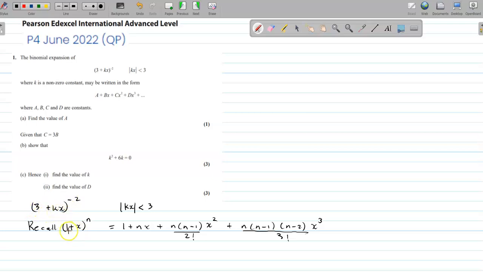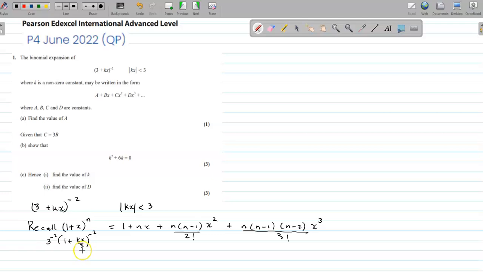So now what we're going to do is write (3 plus kx) to the minus 2 in the form (1 plus x) to the n. In this case we need to factor out the 3. When we factor out the 3, it's raised to the minus 2, and then we have (1 plus kx over 3) raised to the minus 2.